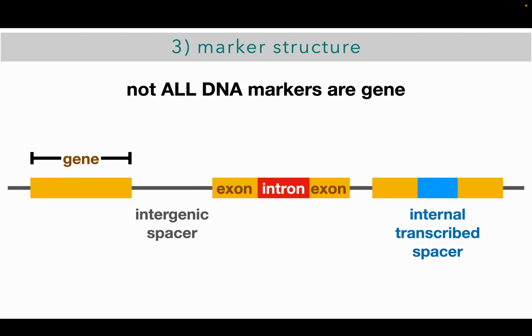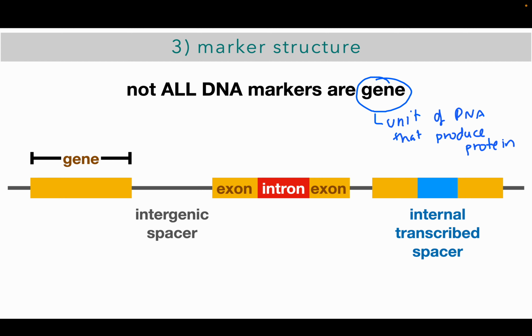Not all markers are genes. What are genes? I think this will be Ajahn Ping's area, right? So genes, come on. What do we mean by genes? A gene is the unit of DNA that produces protein, right?